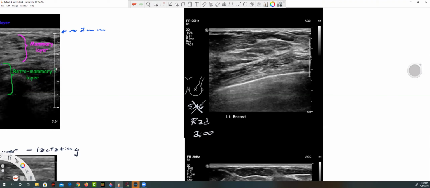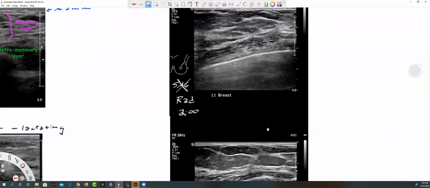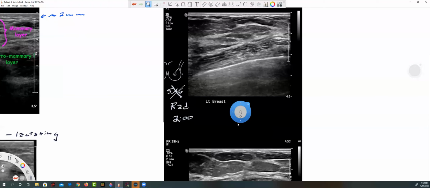You don't give the doctor 800 images of the liver, but you look at 800 images. In other words, you scan all the way through that tissue, but there are standard images that they're going to give. And so this is what they're doing here. This is a standard image.